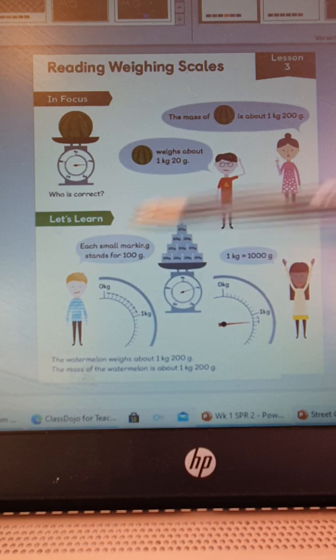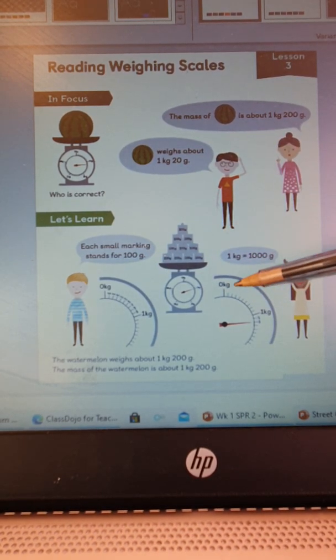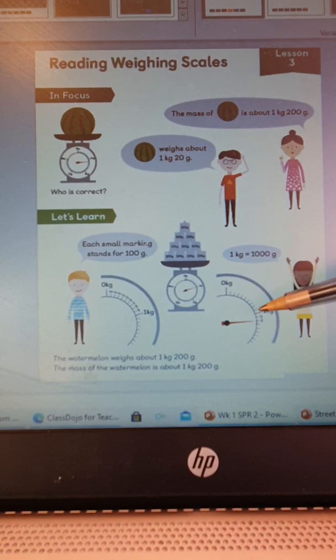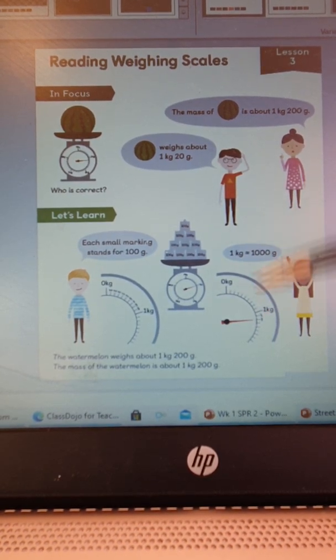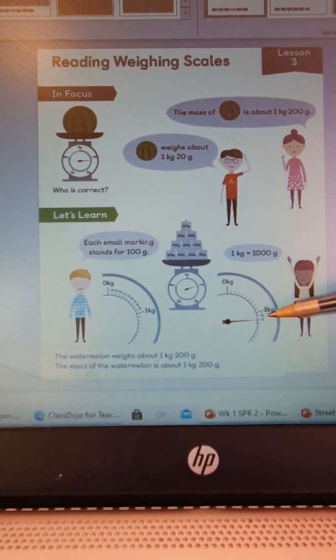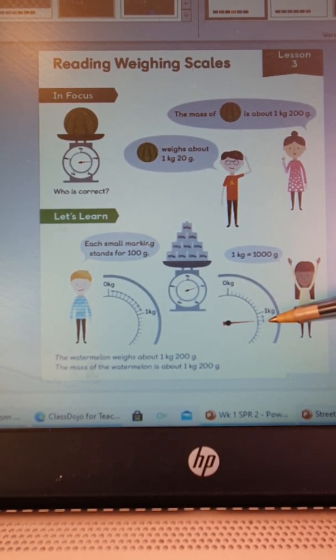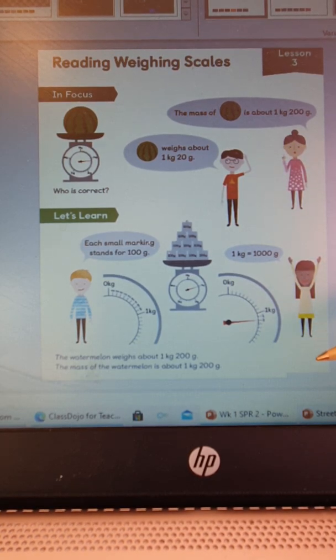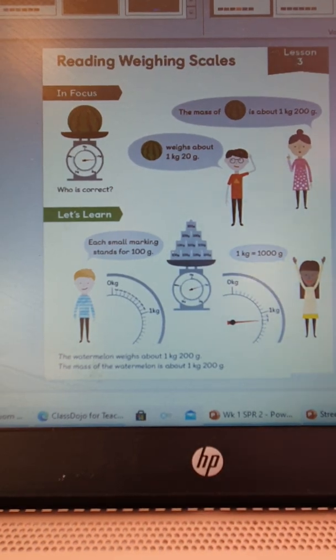And there's 100. So let's count together. 100, 200, 300, 400, 500, 600, 700, 800, 900, 1,000, which is 1 kilogram. So it'd be 1,100, 1,200. Who was right? Charles or Ruby? That's right, it was Ruby.